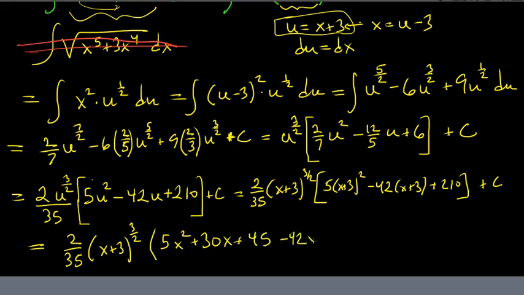And then we have minus 42x minus 126 plus 210. So, yeah, you can simplify that. 30 minus 42x is negative 12x, and then 45 minus 126 plus 210. All right, so that's pretty close to the answer.